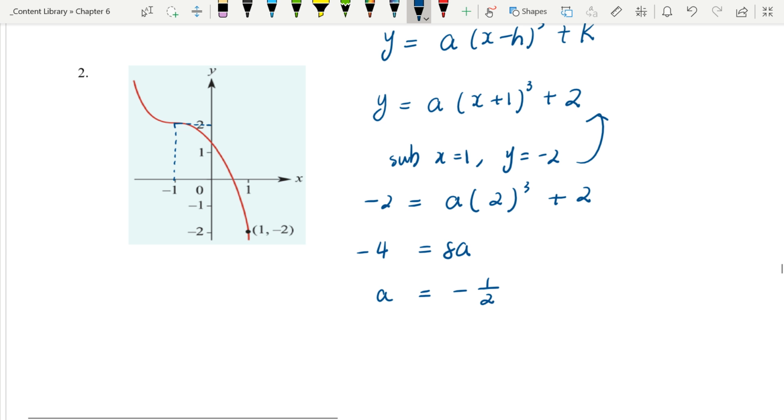And it makes sense that a equals negative a half, because it's a decreasing graph. Remember, if a is negative, we have a decreasing graph. So y equals negative a half (x plus 1) cubed plus 2.